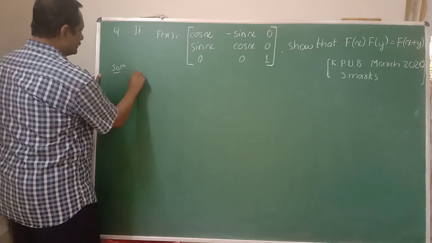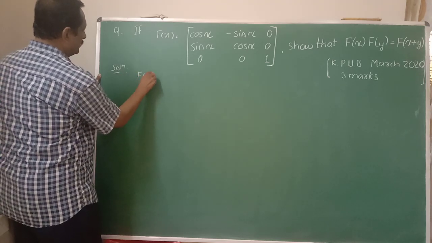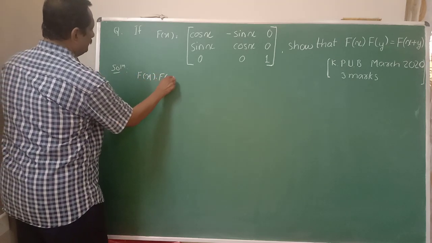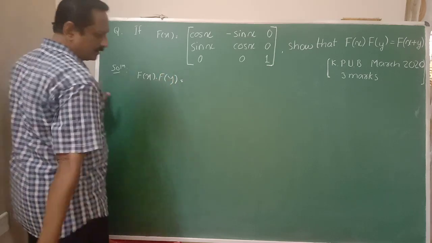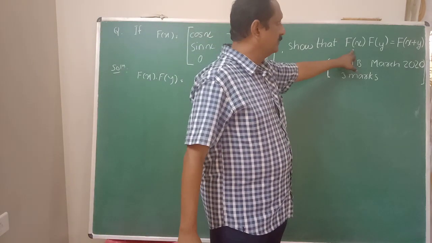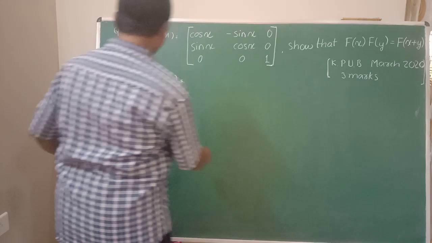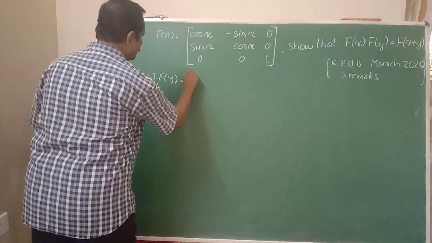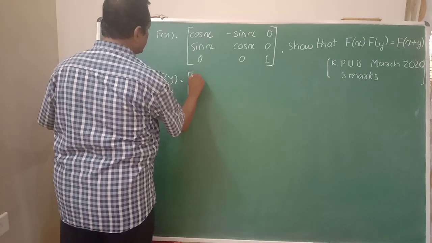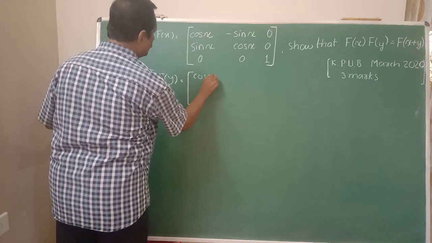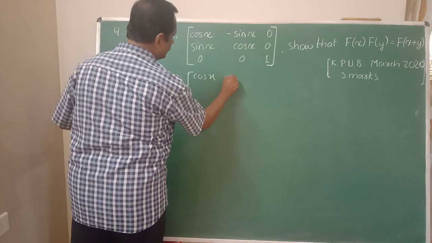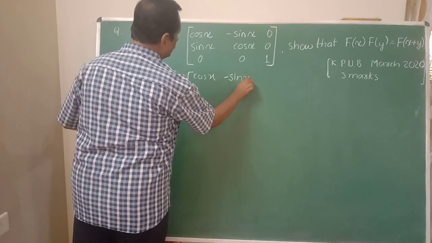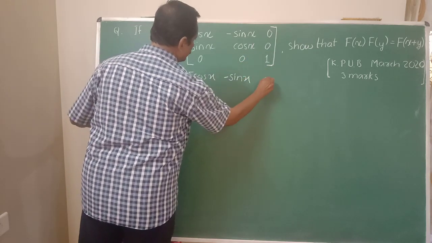So f of x into f of y, the left side here. f of x is the given matrix here: cos x, minus of sin x, and this is 0 here.